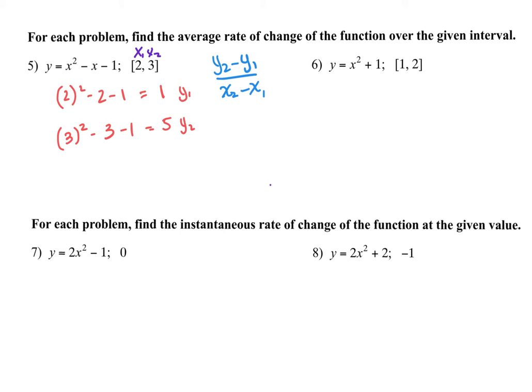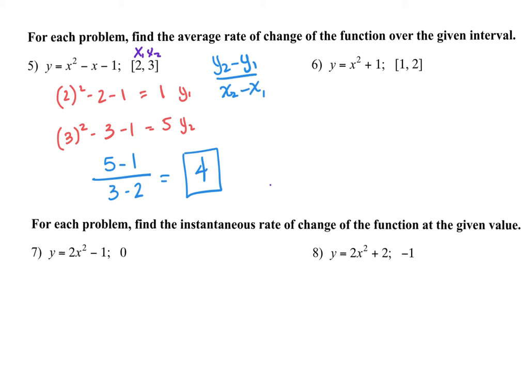So I'm going to say y2, that's 5, minus y1, that is 1, over x2, that's 3, minus x1, that's 2. So my average rate of change here is going to be 4. That means that across the entire range here, from 2 to 3, my average change was 4.